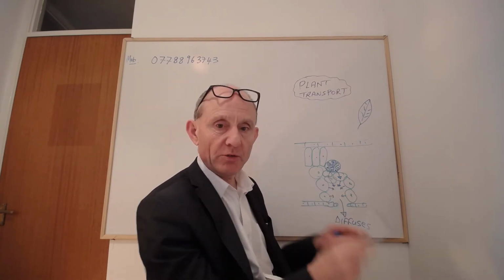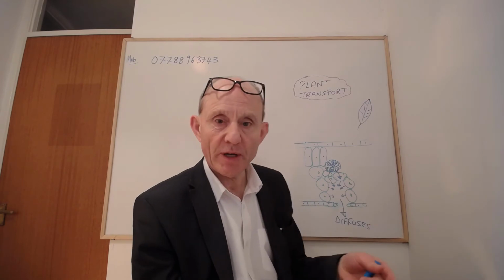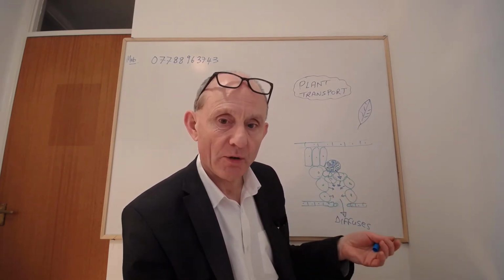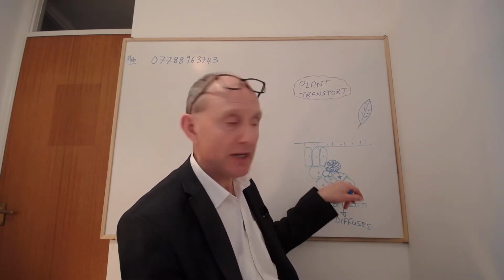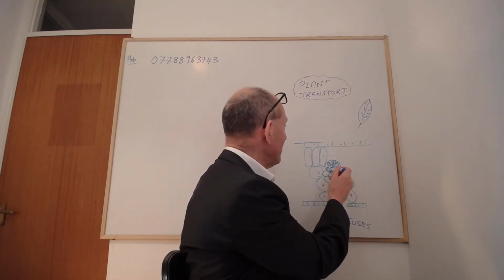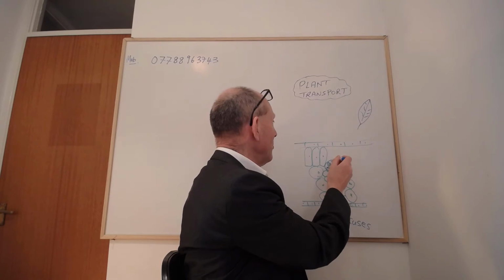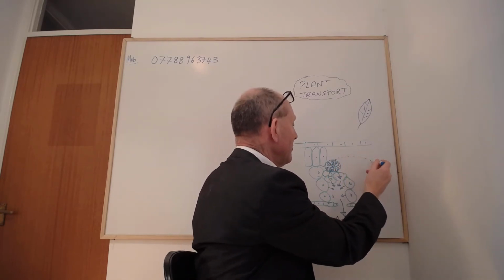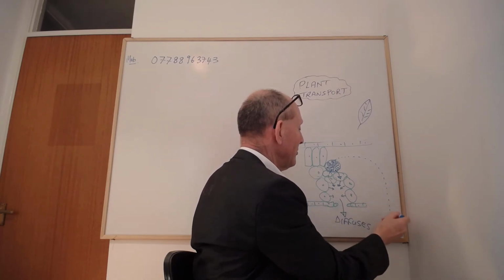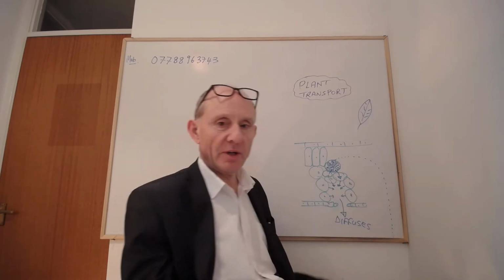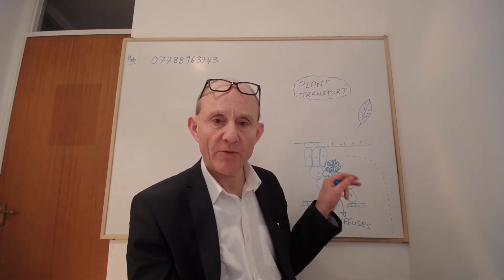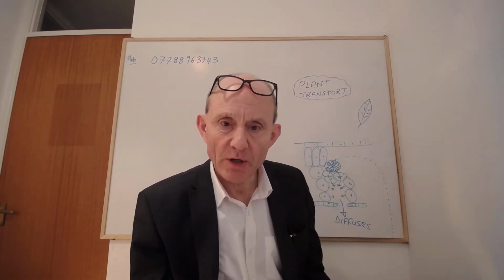Each water molecule that evaporates pulls the next one on, through an attractive cohesive force with the molecule behind, such that if you go right down through the stem of the plant to the root system, there's a long chain of water molecules extending the whole way from the leaf down to the root system.